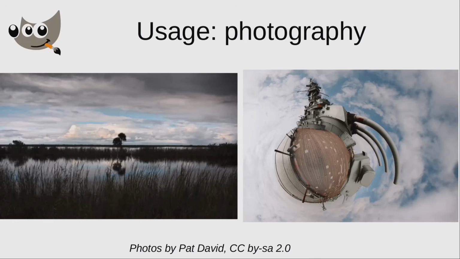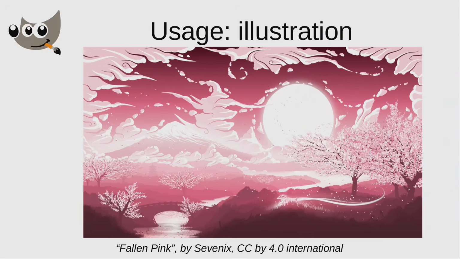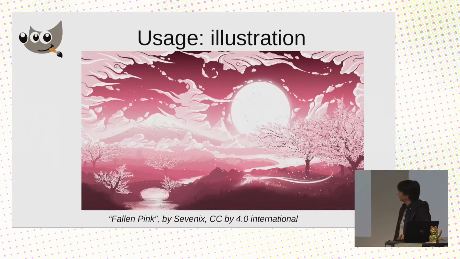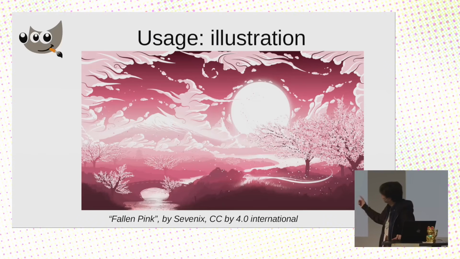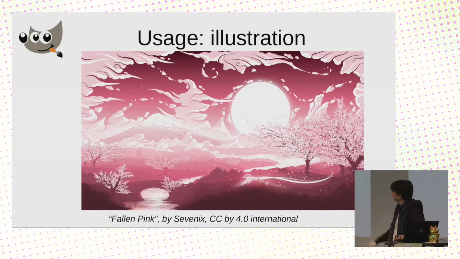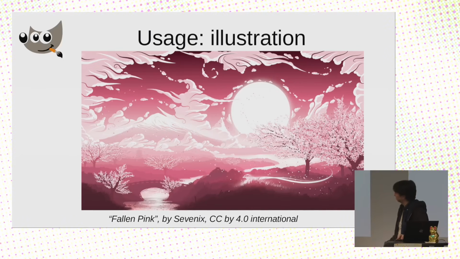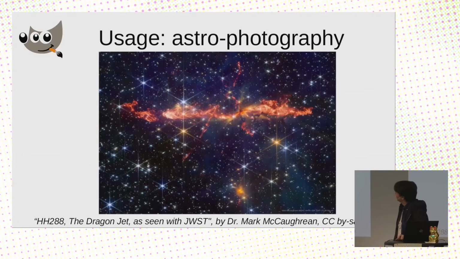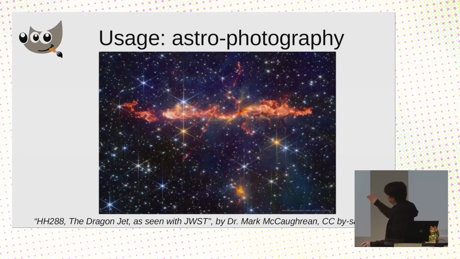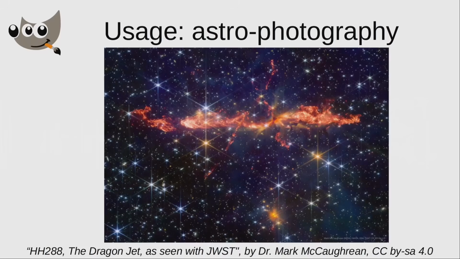It has a bunch of usages. Many know about photography. There are photos by Patrick David, one of GIMP's big contributors, and illustrations. Also astrophysics: the guy who made this is also the one who made our 3.0 splash image, from the European Space Agency, ESA.